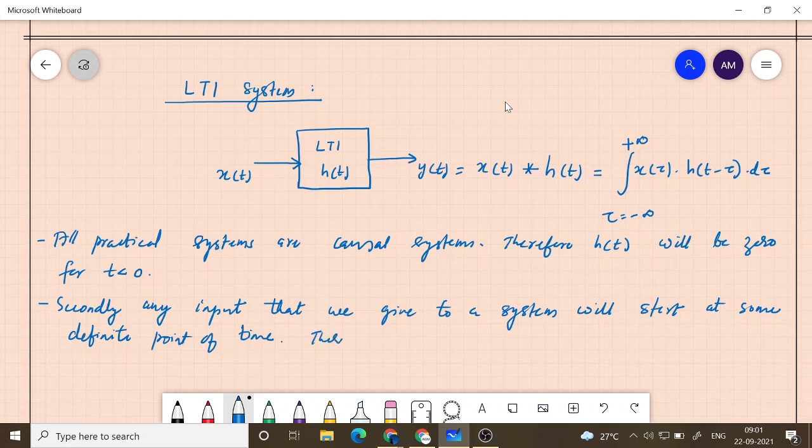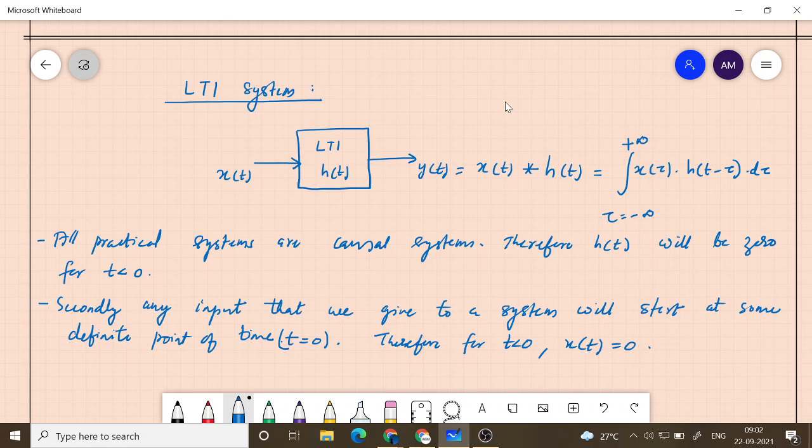Therefore, that point of time we will call the origin, that is the t equal to 0 point. So it will start at a definite point of time, let's say t equal to 0, and therefore for t less than 0, x of t is also 0.